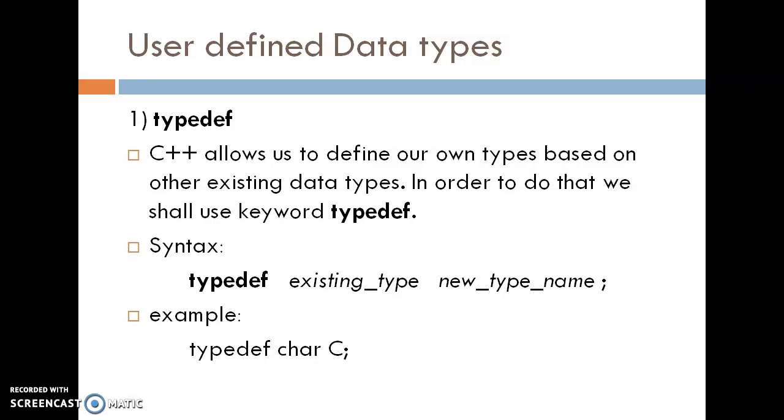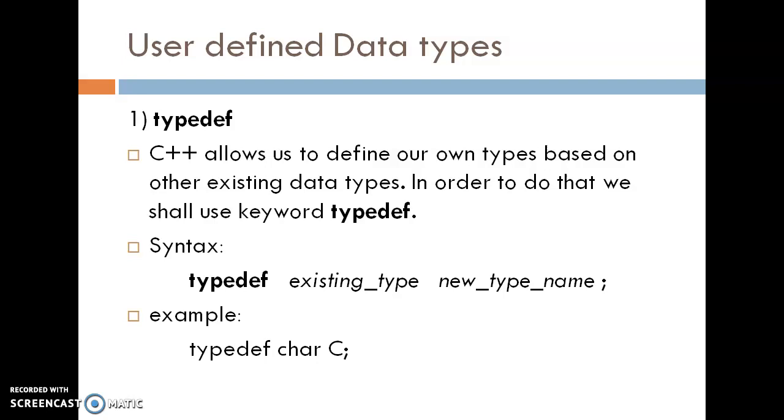The syntax for typedef is the keyword typedef, space, existing data type, space, new data type. For example, typedef char C. One more example, typedef float number.